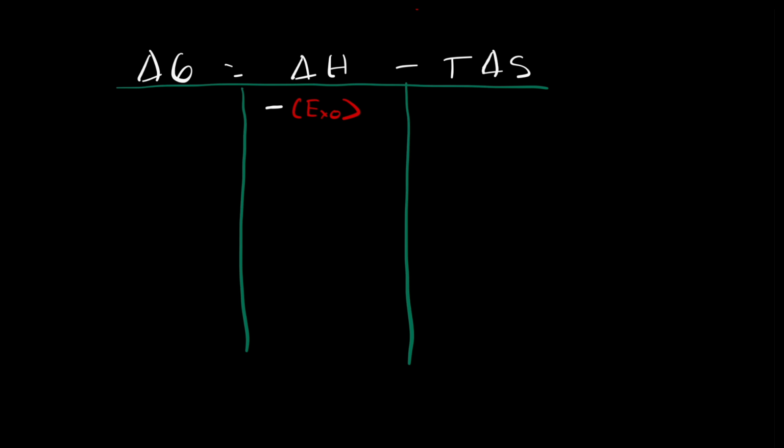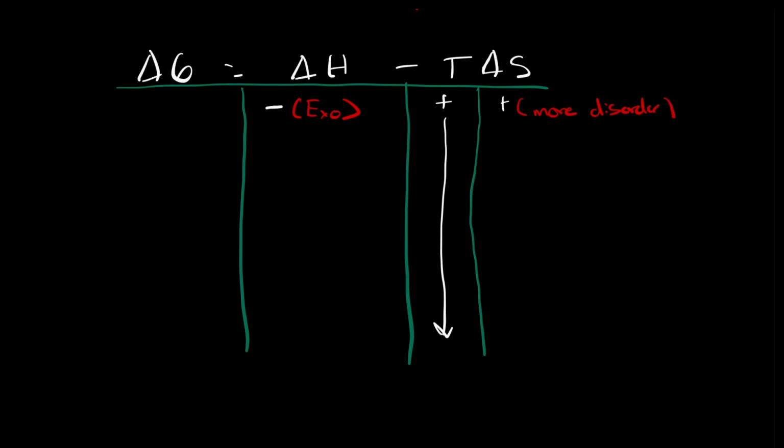And again, temperature in Kelvin, so it's always going to be positive. Then let's look at our delta S value. Let's say it's positive. And again, that means that there's more disorder. That could be a solid going to a liquid, or liquid going to a gas, or it could be something where there's 1 mole of gas going to 2 moles of a gas.